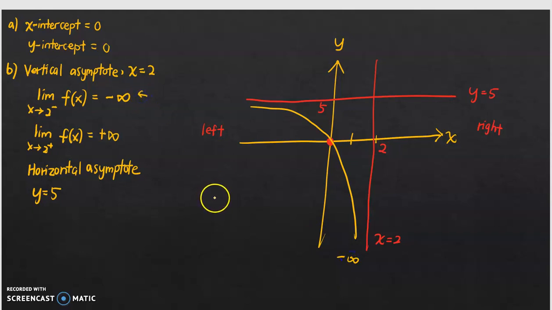When x approaches 2 from the right, we cannot approach from here, because it would cut the asymptote. So here is positive infinity. When x approaches 2 from the right-hand side, our graph will approach positive infinity. So this is the second graph, and here is the vertical asymptote. So this will be our graph.